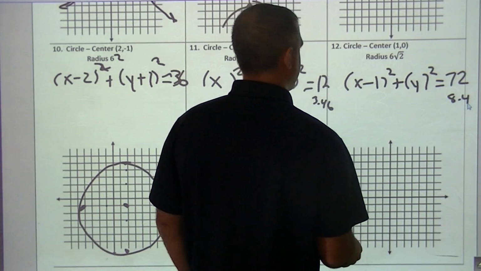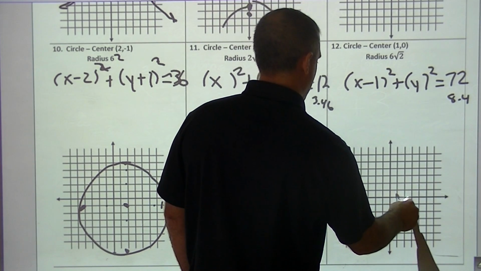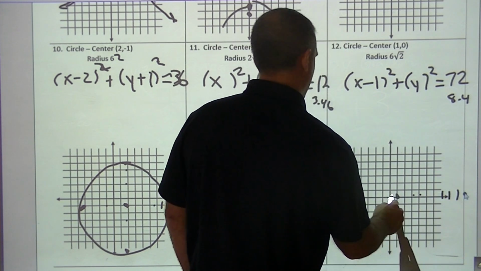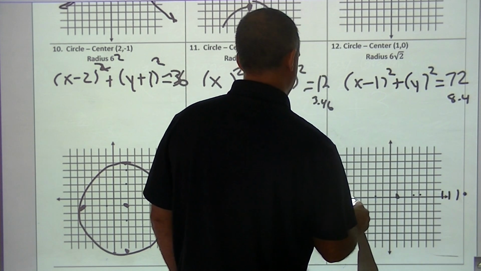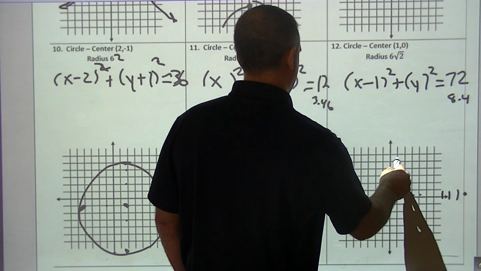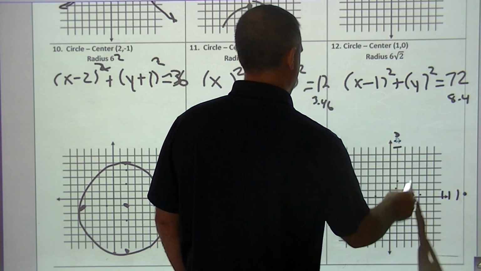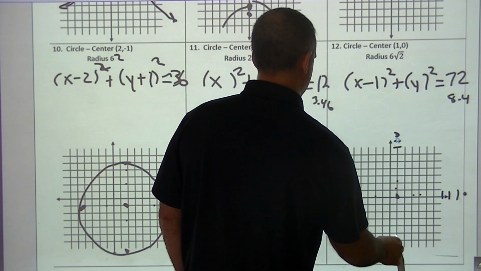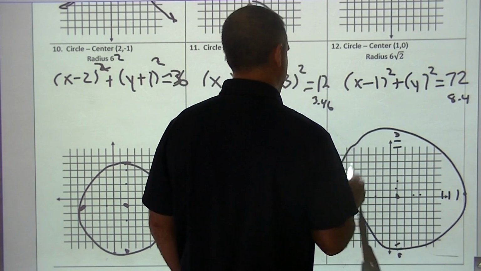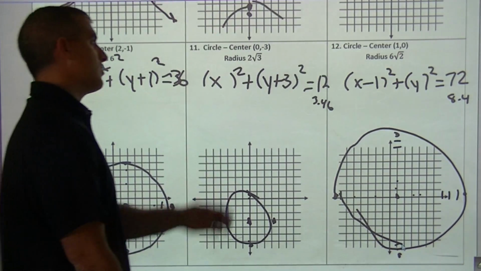Graphing it would be easy. 1, 0. I go 1, 2, 3, 4, 5, 6, 7, 8 and a bit in each direction. The exactness of that doesn't really matter. I'm more concerned with the equation.